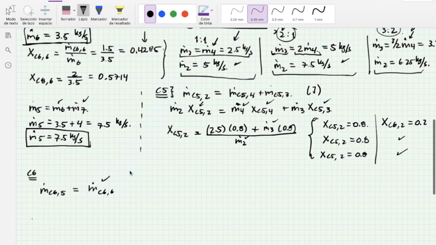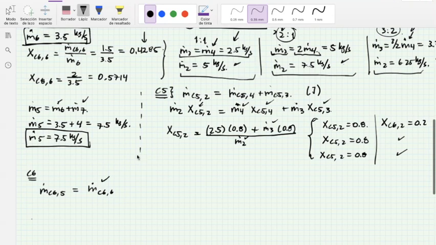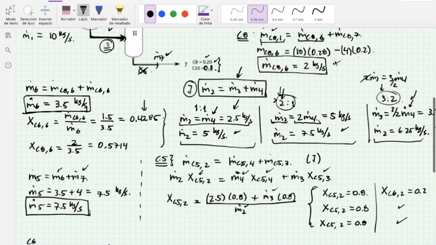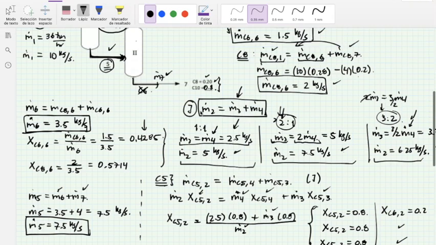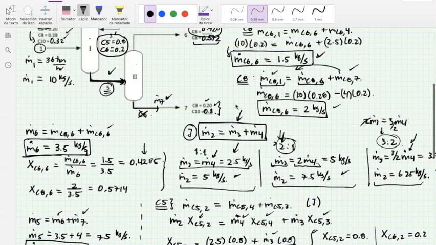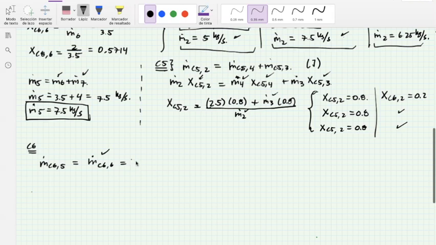So I already know this number, oh my God, where are you? I thought I had you. Okay, I thought I had you because it was here, so sorry, here it is. Therefore, this one is 1.5 kilograms per second, okay? Since I already have M5, the mass flow of C6 at 5 should be equal to 1.5.